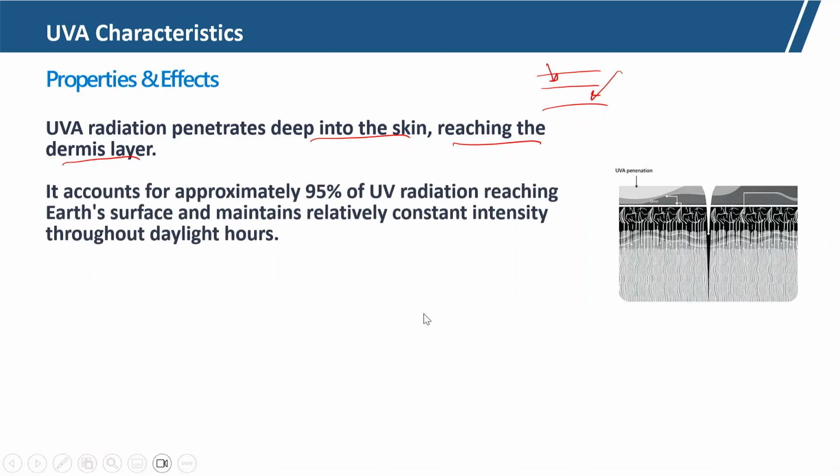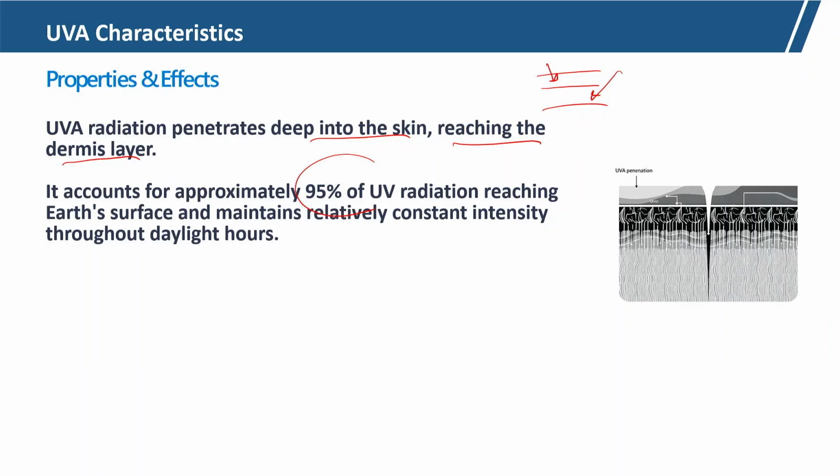As we have mentioned, it accounts for 95% of the radiation reaching the earth. As it has a long wavelength, it penetrates through the ozone layer easily.